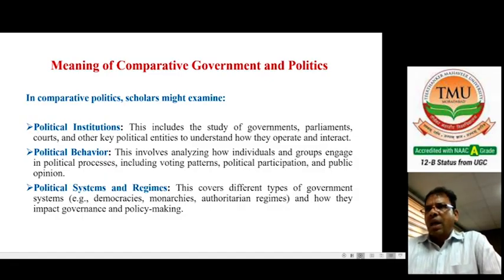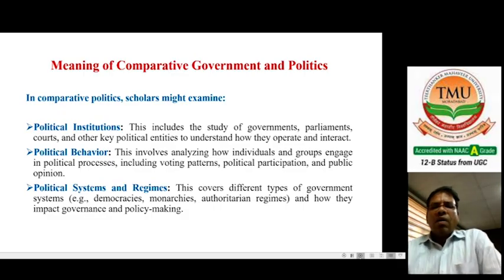Some are at the level of the top executive, legislature, and judiciary. In addition to that, there are institutions involved in the delivery of goods and services. There are also market institutions. Sometimes we also consider civil society institutions, their behaviors, and all these things.